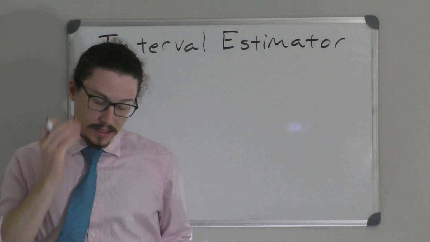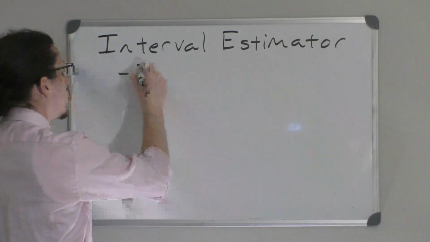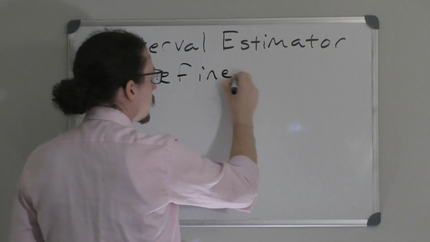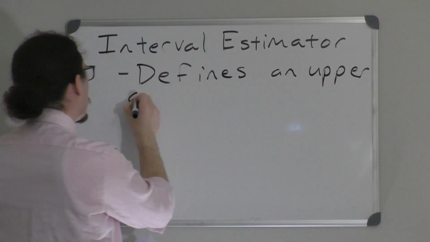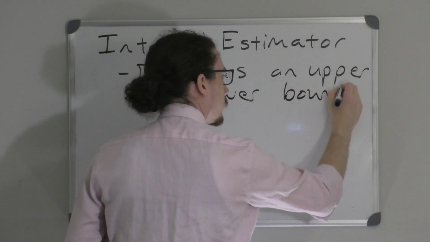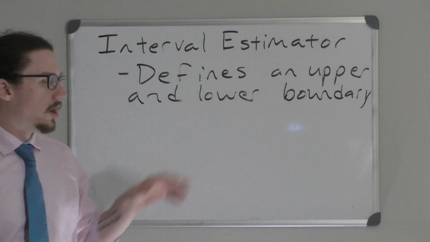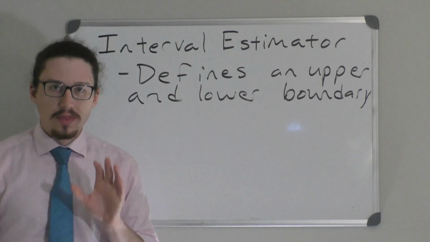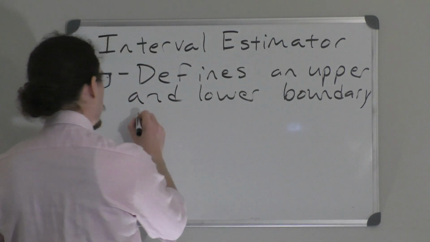More specifically, an interval estimator is going to define an upper and lower boundary that hopefully contains the population parameter.